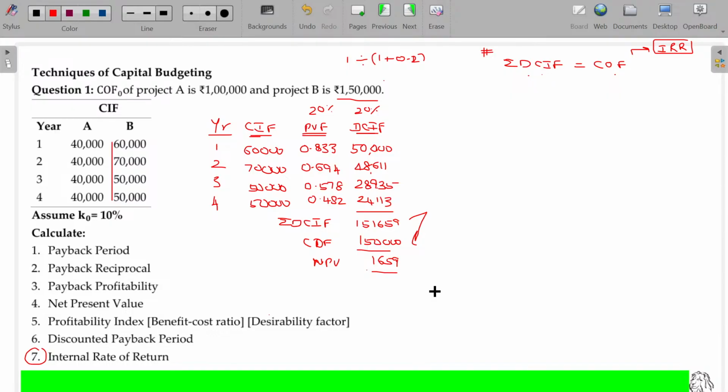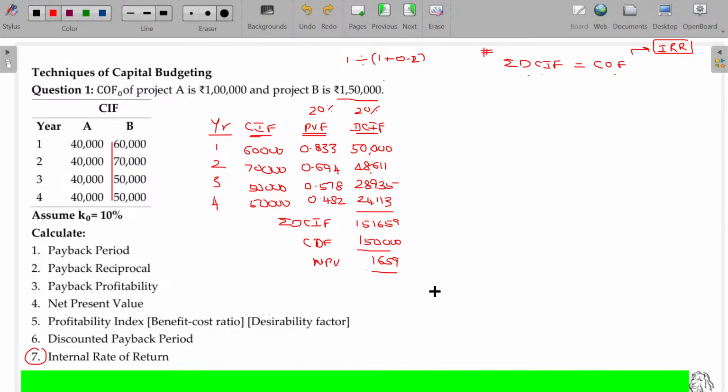Definitely 20% is not the answer. Do I want to go for 21% or 19% for making it equal? Less than 20 or more than 20? What does it mean? 20% means discounting factor, means you are discounting the value at the rate of 20.